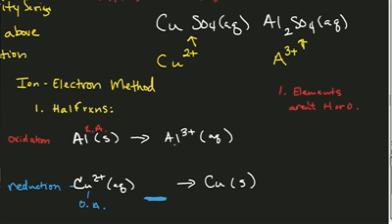There's one aluminum on the left, one on the right. Copper's balanced, one on each side. So then we would balance the oxygens by adding water. This is for an acidic solution, if they were asking, okay? And then balance hydrogens by adding H pluses.